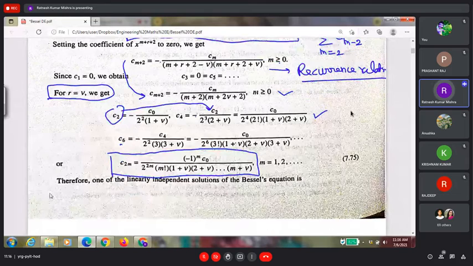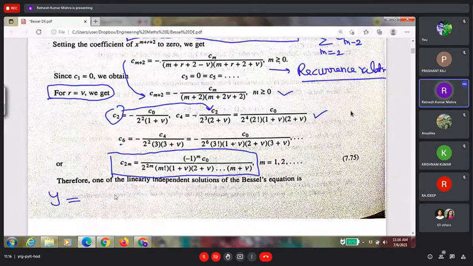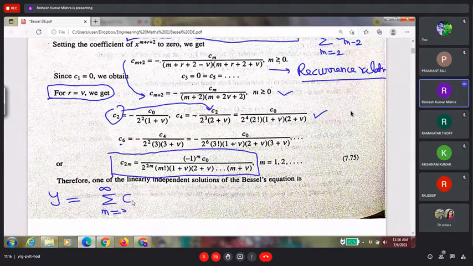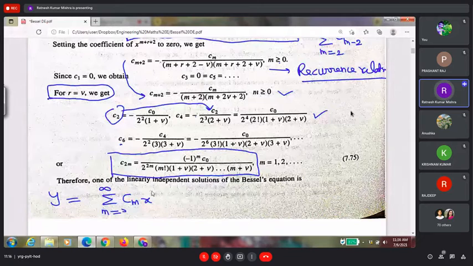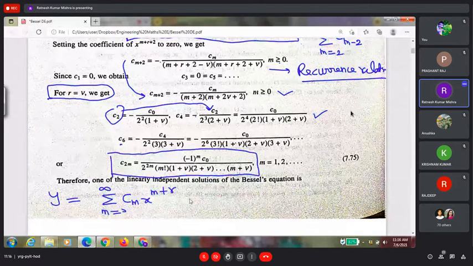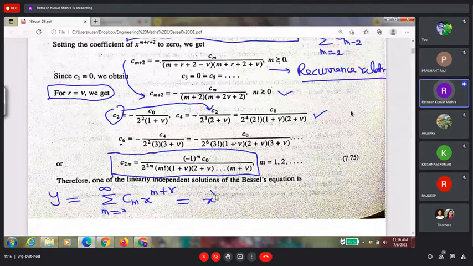Now our solution is y equal to summation m equal to 0 to infinity c_m x to the power m plus r. So r equal to v, so x to the power v you can write outside.